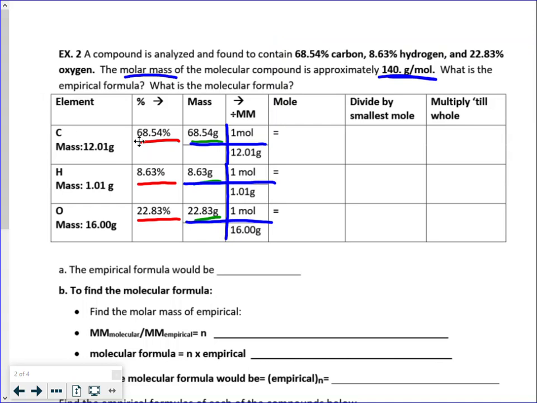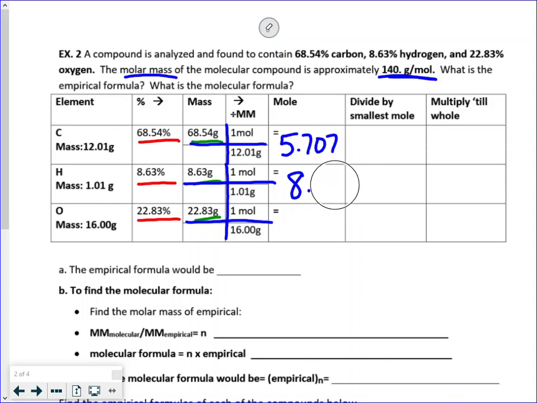68.54 divided by 12.01, which is the molar mass of carbon. Now, the percentage had 4 digits in it, so I'm going to keep 4 digits. 8.63 divided by 1.01, which is the molar mass of hydrogen. That one only had 3 digits, so I'm only going to keep 3 digits in the moles.